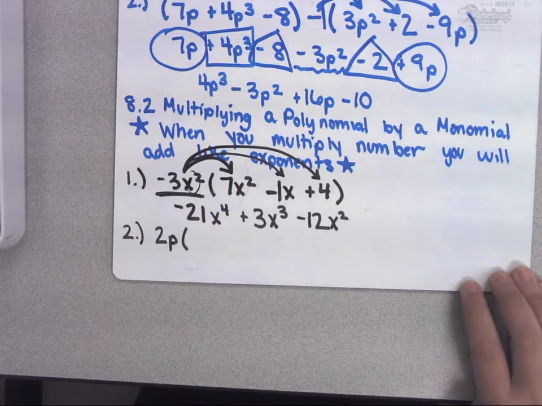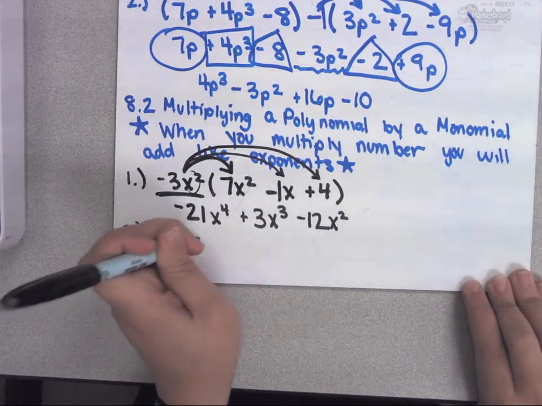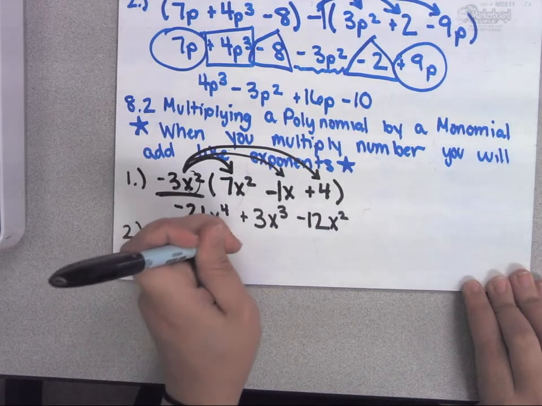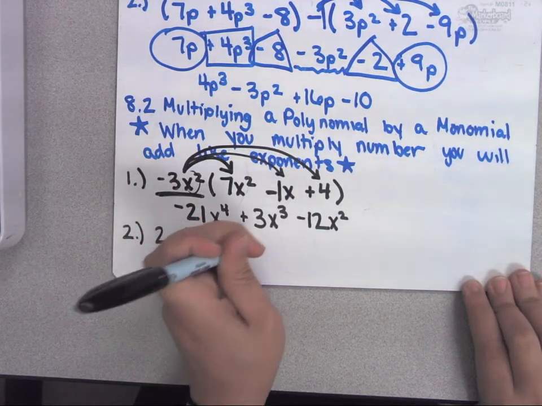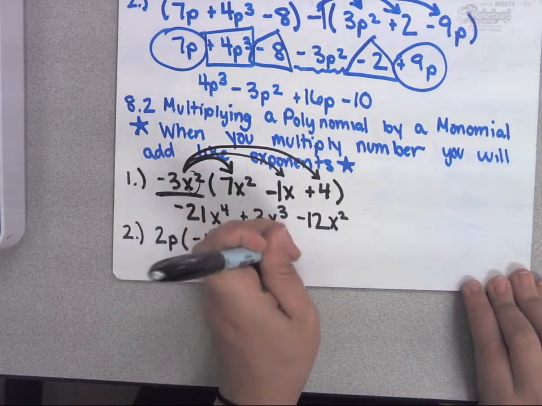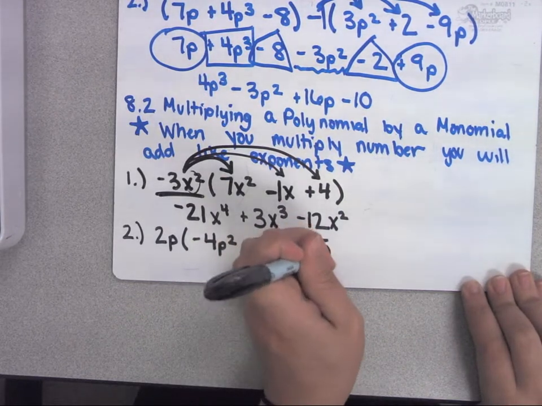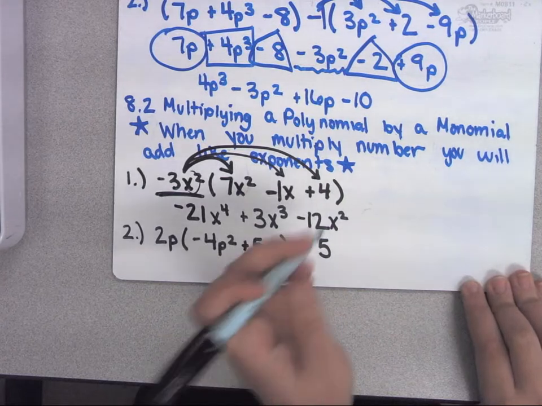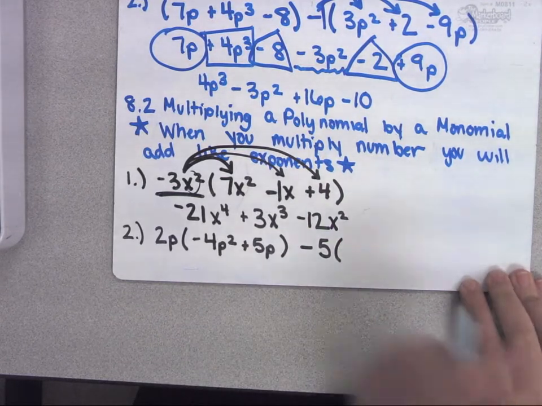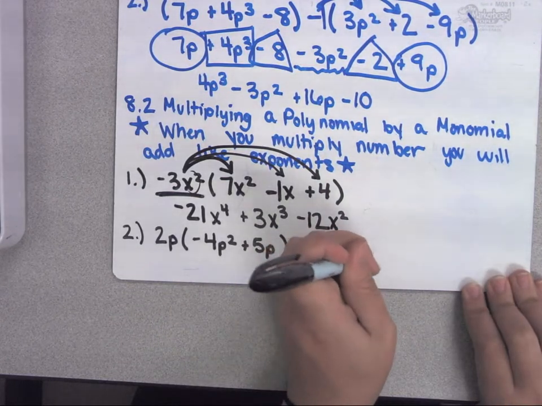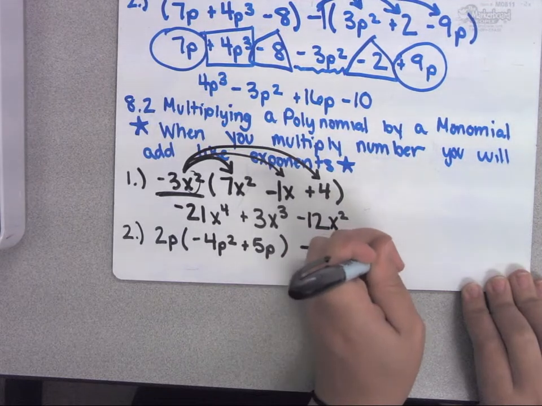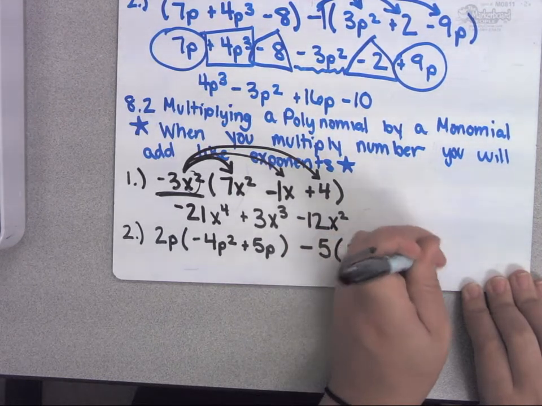2p parentheses. Negative 4p squared added to 5p. Close your parentheses. Subtract 5 parentheses. 2p squared plus 20. Close your parentheses.